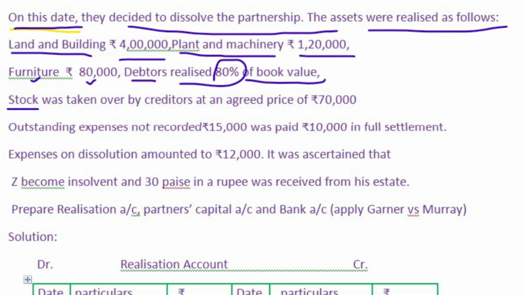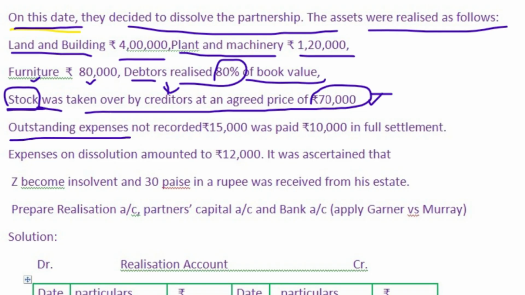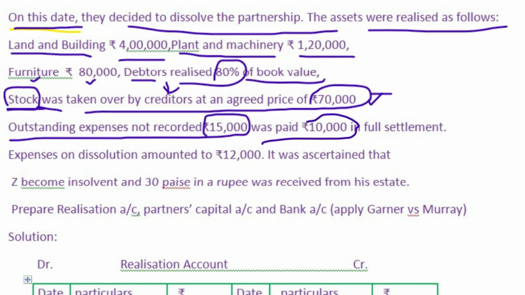The stock was taken over by creditors at an agreed price of rupees 70,000, partly paid by stock and partly paid in cash. Outstanding expenses not recorded, 15,000, were paid at 10,000 in full settlement.